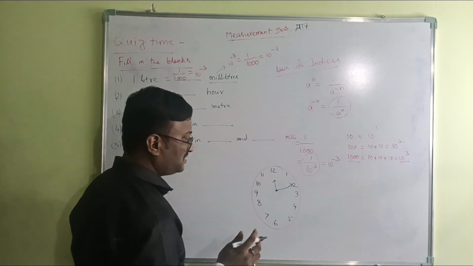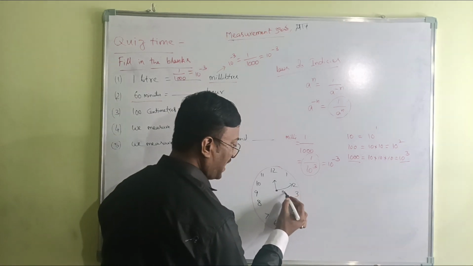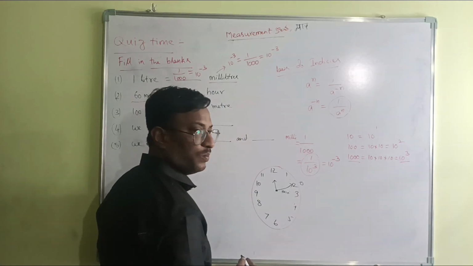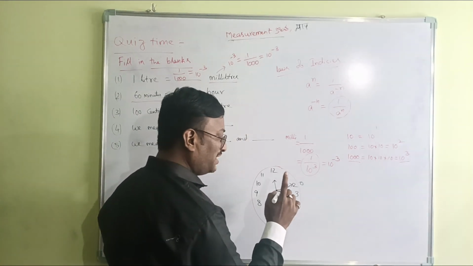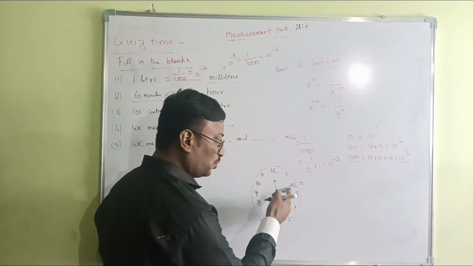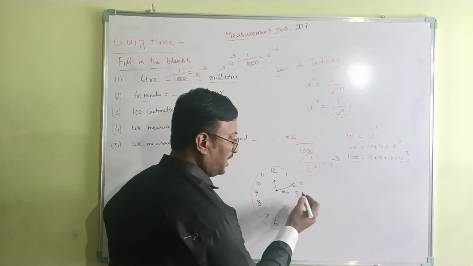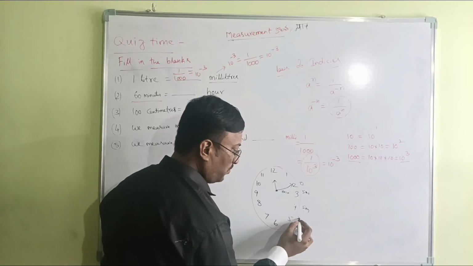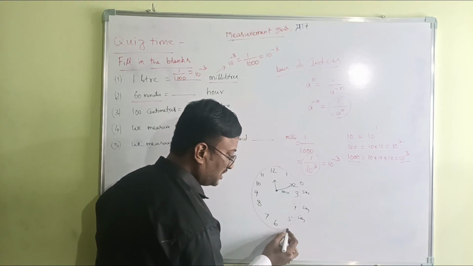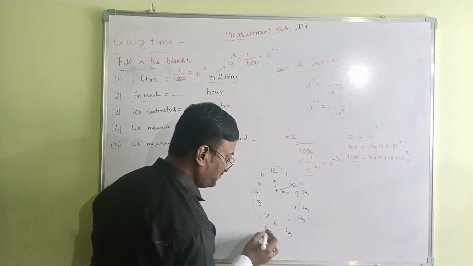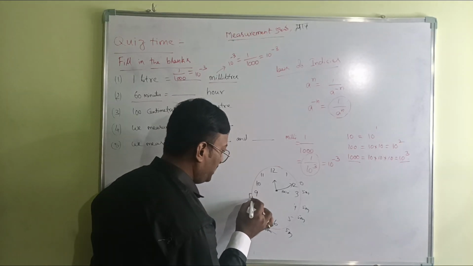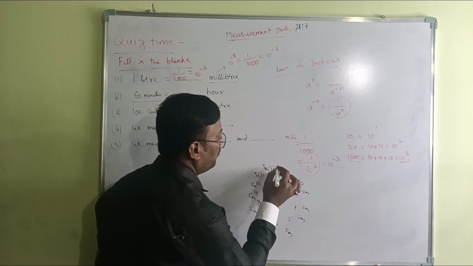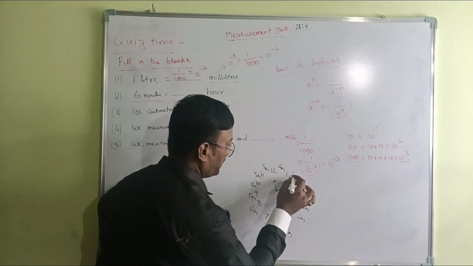60 minutes means, suppose the minute hand is at 2, you think of it as 0. Okay, next one, in order to complete 1 hour, from 2 to 3 is 5 minutes, 3 to 4 is 5 minutes, 4 to 5 is 5 minutes, and so on, 5 minutes each.